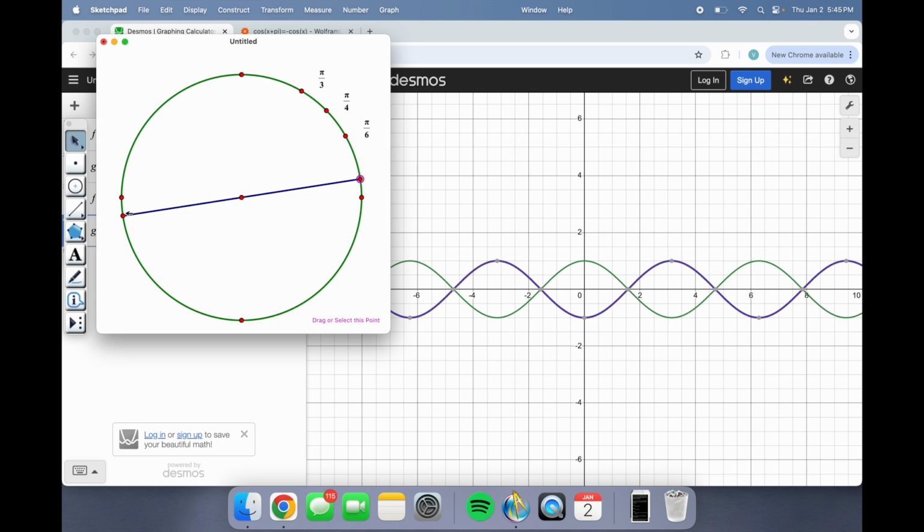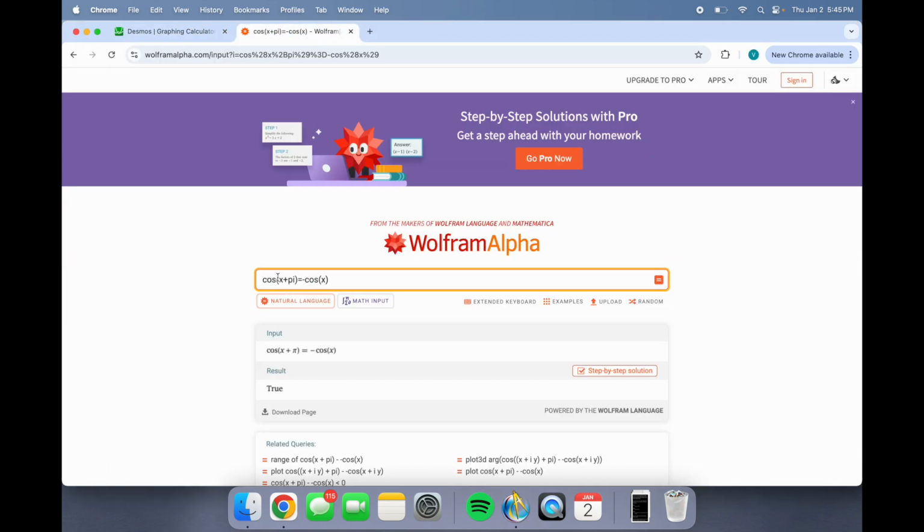So in other words, the x and the y coordinate of this point are the negatives of what they are at this point, which is why the sines and the cosines of this angle are the negatives of what they are at this angle. So that should make sense, but we could consider, how does it work for tan?